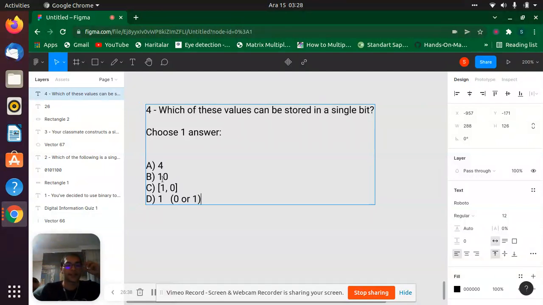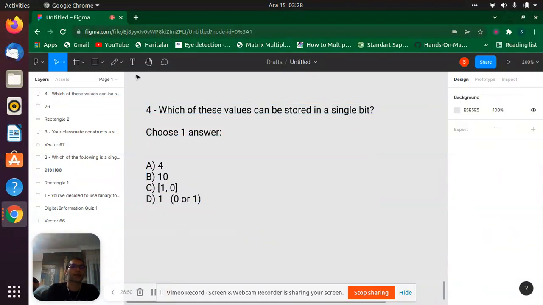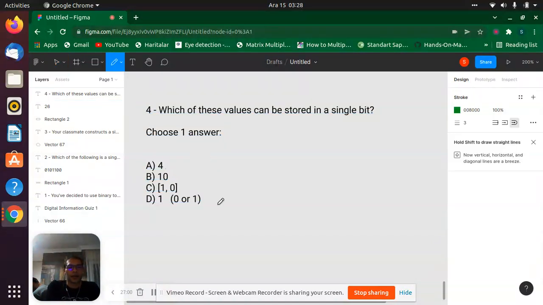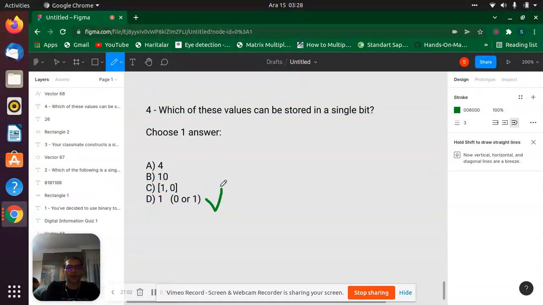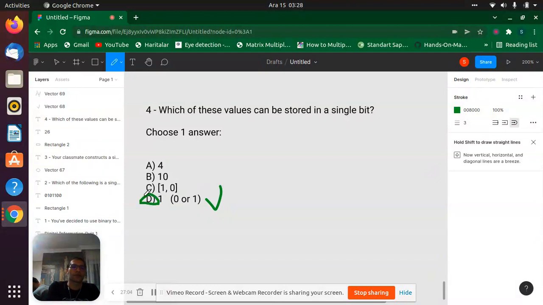You know that. So it's a binary system, we just have two options, 0 or 1, and we don't have other numbers there because this is not decimal. It's already binary. We are saying binary, 1 or 0. Anyway, this one is true. The answer is that.